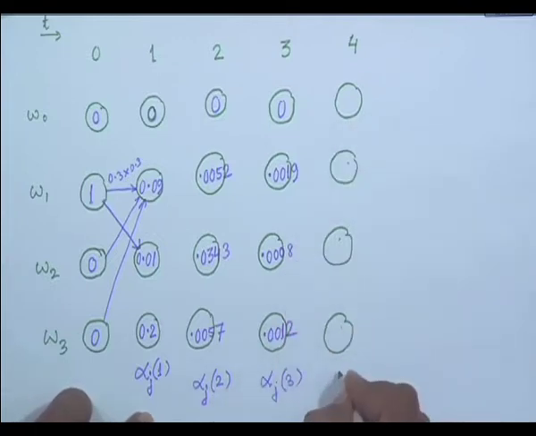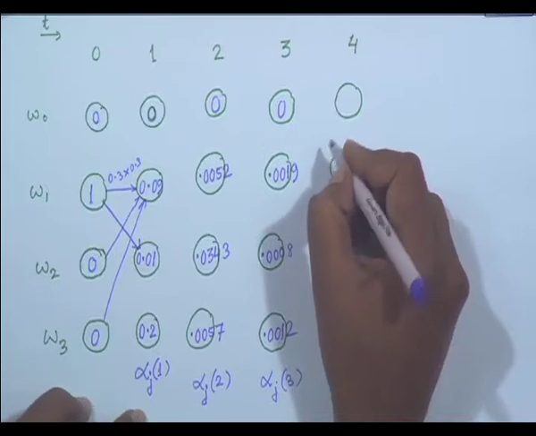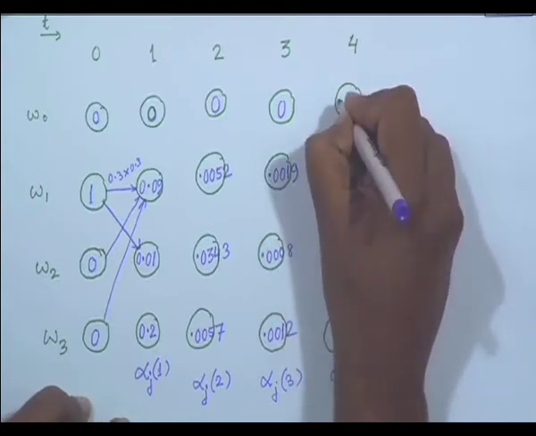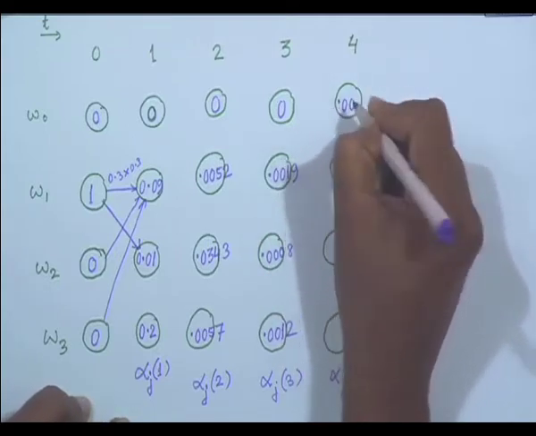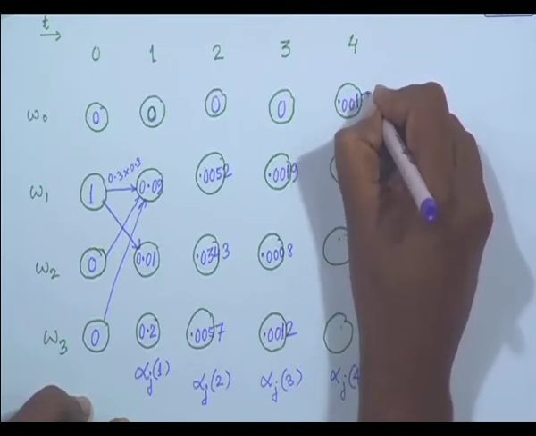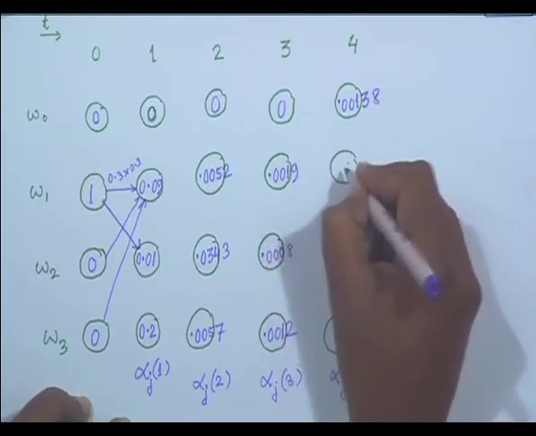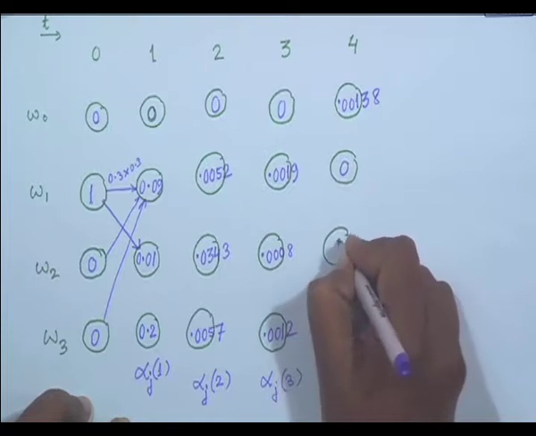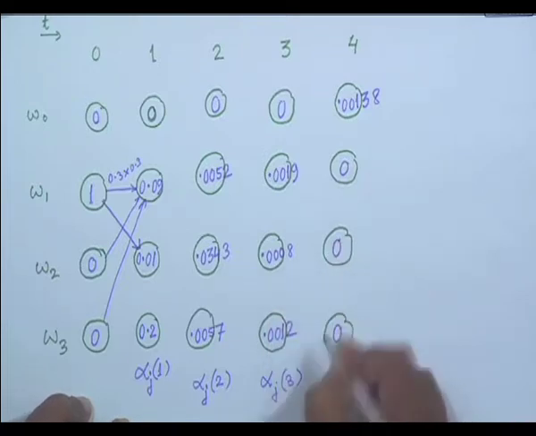Coming over here, alpha j 4, if you compute, this will be 0.00138, this will be 0, this will be 0, this will be 0.